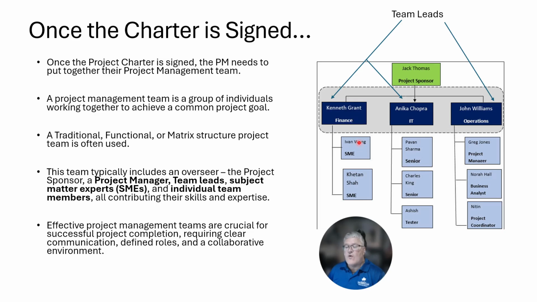He is going to oversee the subject matter experts from finance. Then you have Aneka Chopra. She's from information technologies. There's three people that are on the team that she oversees, and she is the leader of. Then you have somebody from operations, John Williams. Okay, he is the lead of the team, but the actual project manager is somebody named Greg Jones.